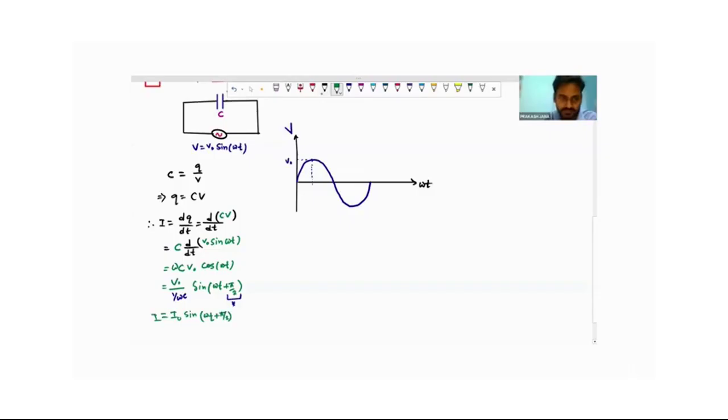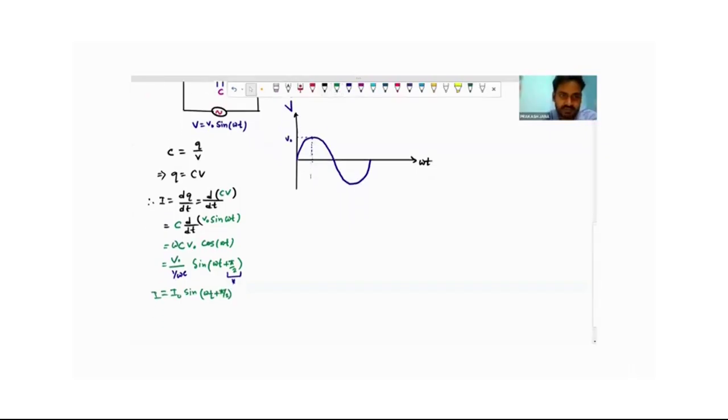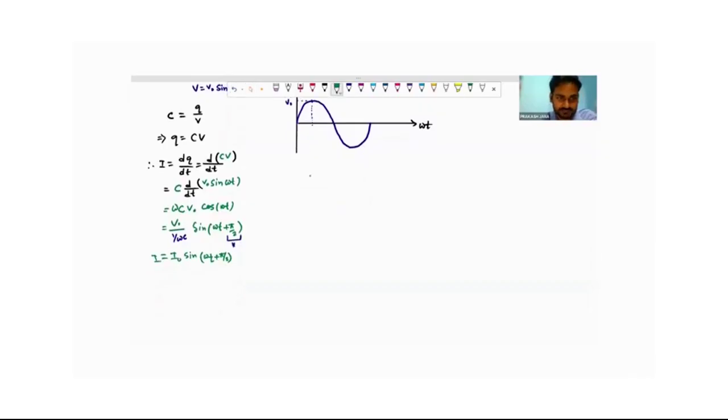So the phase difference will be pi by 2, and it is not lagging, it is leading the voltage by pi by 2. So its phase is leading the voltage by pi by 2. We can directly draw just cos omega t, since this sine omega t plus pi by 2 we are getting from cos omega t.